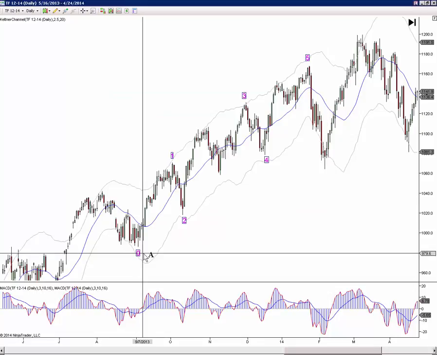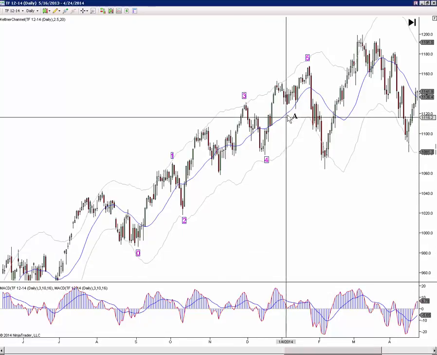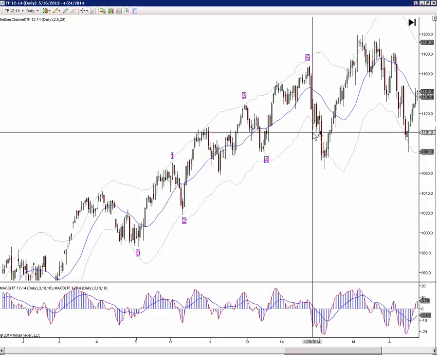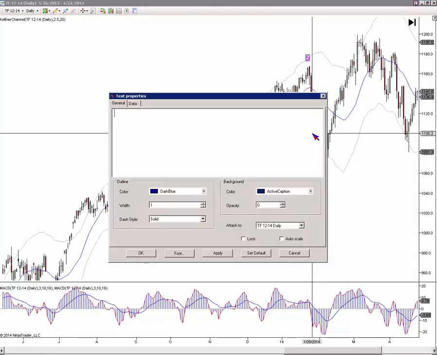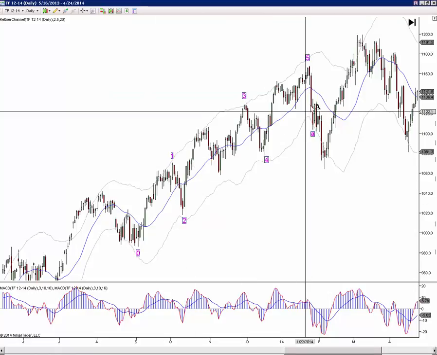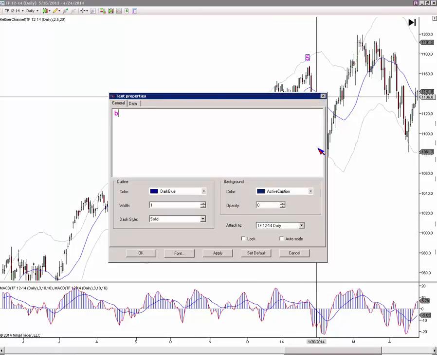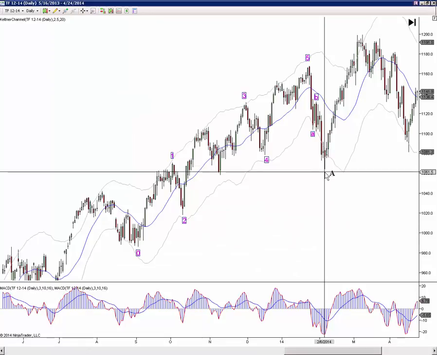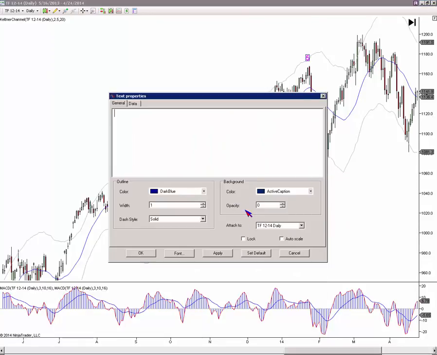That's the Elliott. And then you're looking at your A, B, C corrective wave.